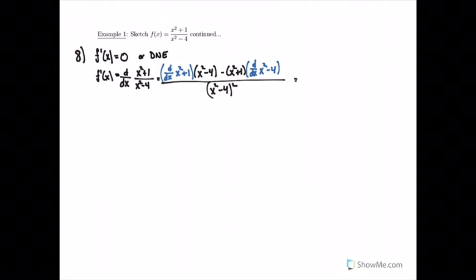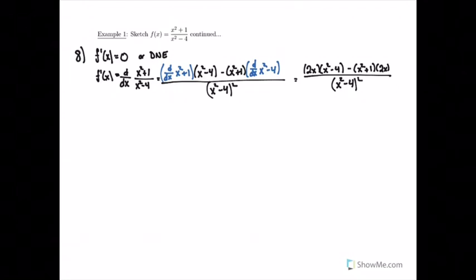So this is going to give us the derivative of x squared plus 1, which is 2x, times x squared minus 4, minus x squared plus 1 times the derivative of x squared minus 4, which is 2x, all over x squared minus 4 squared.